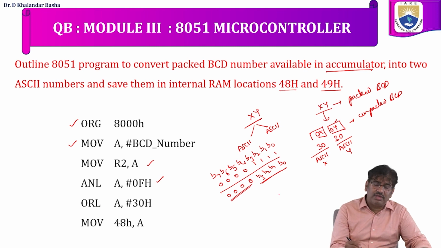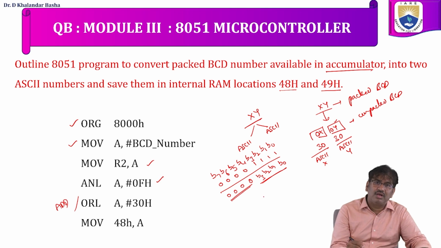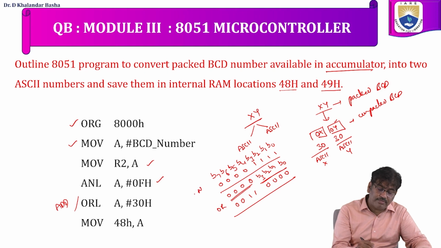Next, either you can go for the ADD instruction, otherwise you can go for the ORL instruction. Both are valid. When you OR this with 30H, 0011 0000, the upper bits become 0011 and B3 to B0 are retained. This is the AND operation, this is the OR operation.